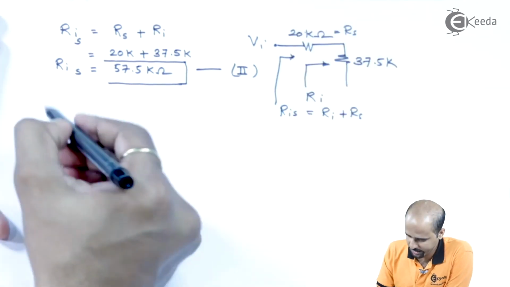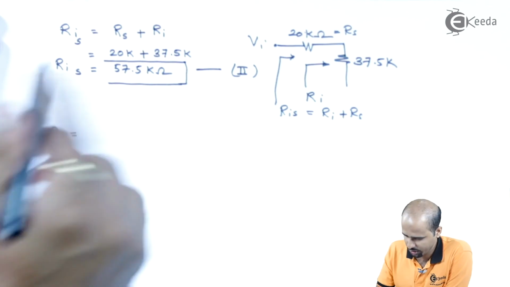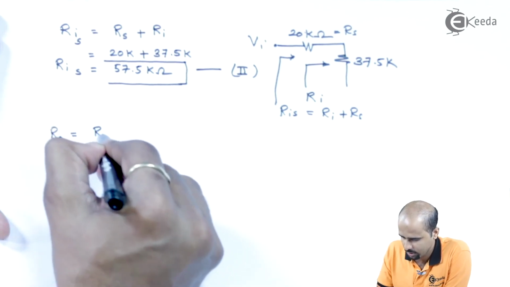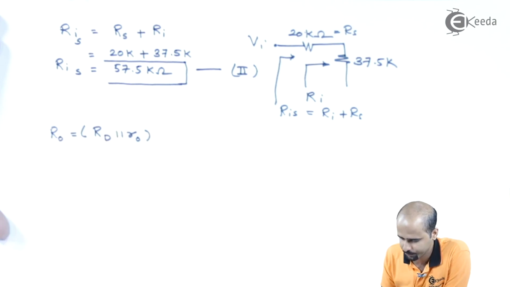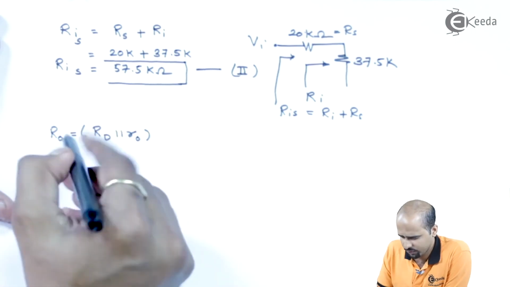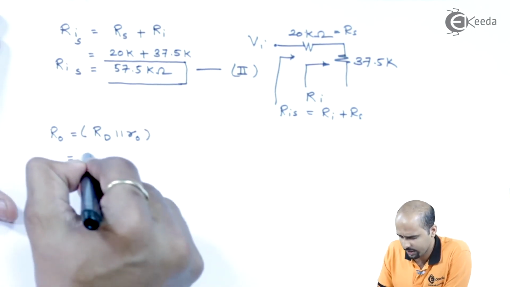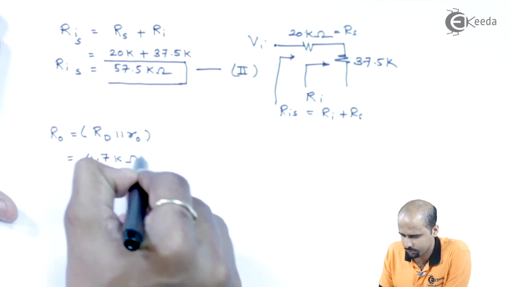Let's proceed further for output resistance. This output resistance is basically Rd parallel Ro. Pause the screen and calculate the value of Rd. We know the value of Rd is nothing but 4.7 kilo ohm.